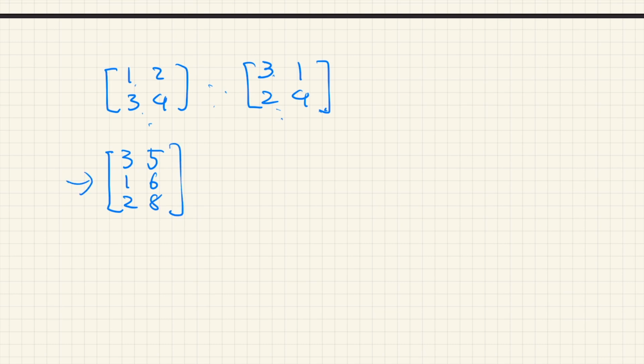This matrix cannot be equal because their sizes are different. And of course, if we have another matrix, 1, 2, 3, 4, let's say this is A and this is B, then A is equal to B because their sizes are the same and their corresponding elements are the same.